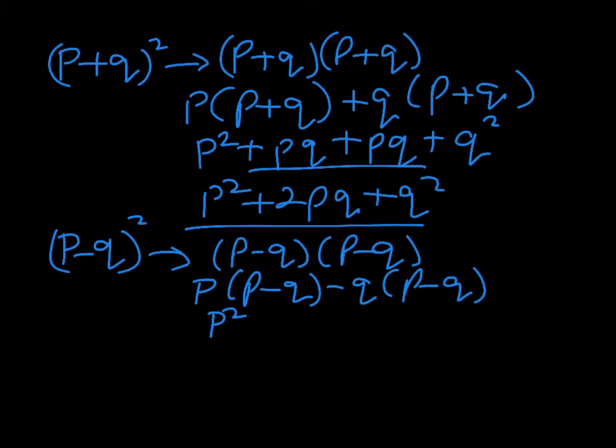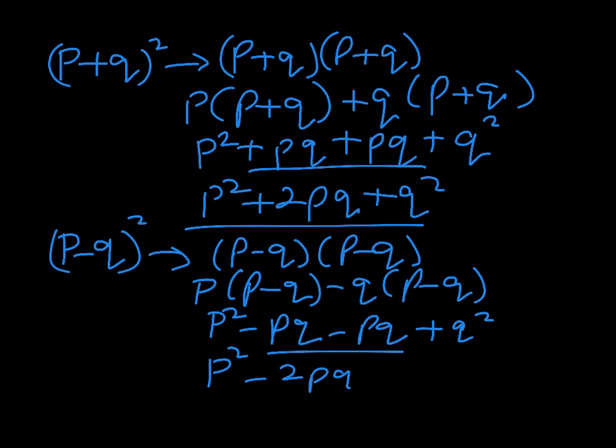P times negative Q gives us negative PQ. Then negative Q times P gives us negative PQ again. And then negative Q times negative Q gives us plus Q squared. Now the two PQs, if you add them together, that's going to be P squared minus 2PQ plus Q squared. This is the expanded form of (P minus Q) squared.